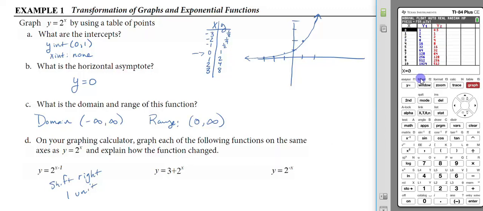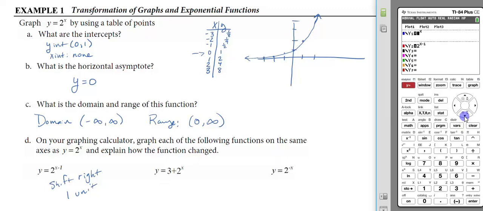With y equals 3 plus 2 to the x, let's see what that looks like compared to our original function. And you can see, especially on the left side, this has been shifted up 3 units.